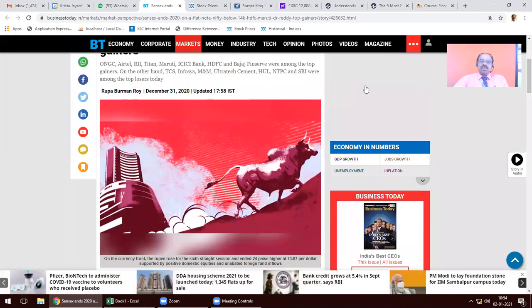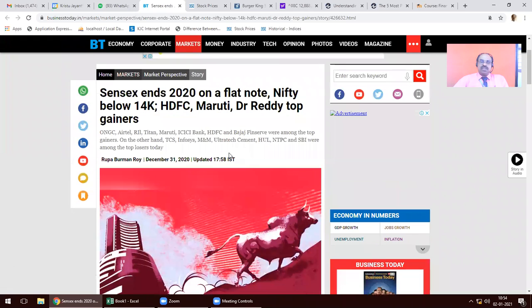And in the write-up, they clearly mentioned that ONGC, Airtel and some other companies were among the top gainers. Even big companies like TCS, Infosys, M&M, that is Mahindra, Ultratech Cement, Unilever, NTPC, and big organizations like State Bank of India were among the top losers.